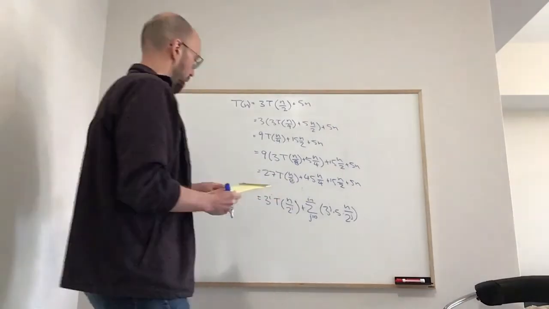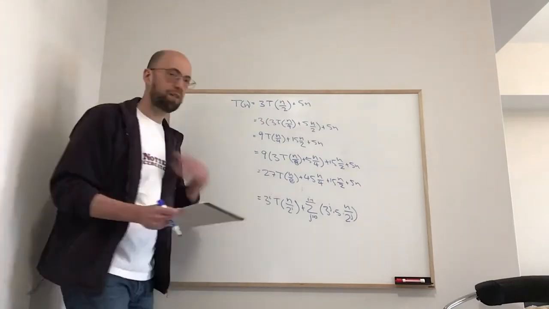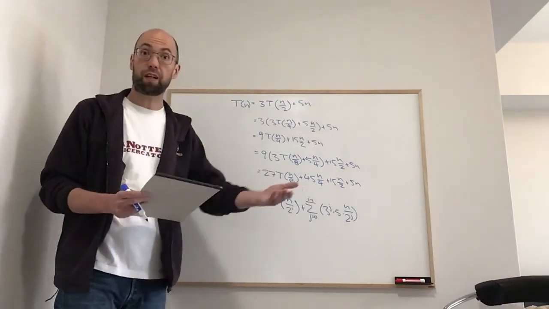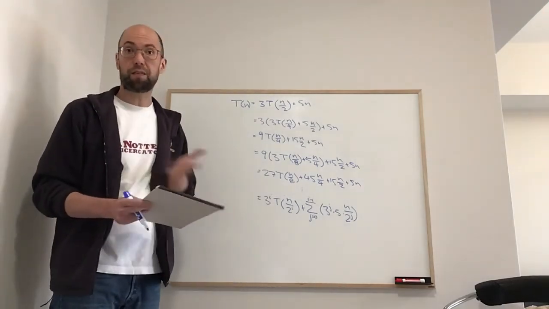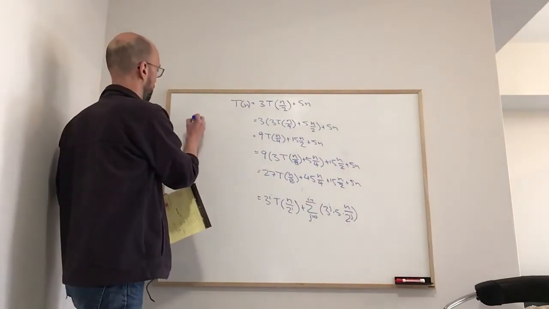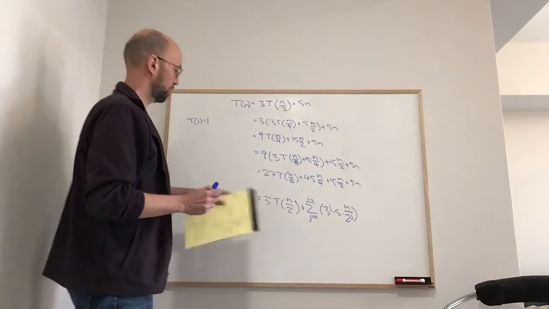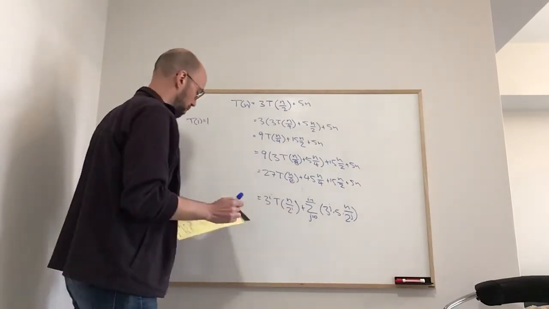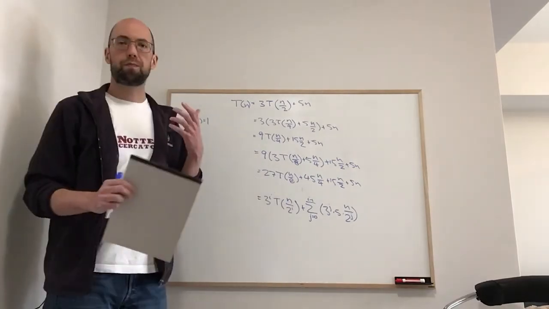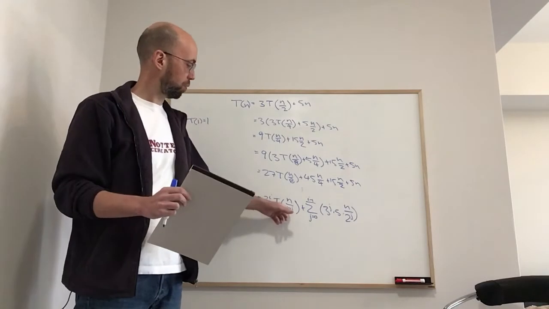How many steps are we going to have until we get down to something we can evaluate easily? Because T1 is 1. How many steps do we do until this becomes 1?